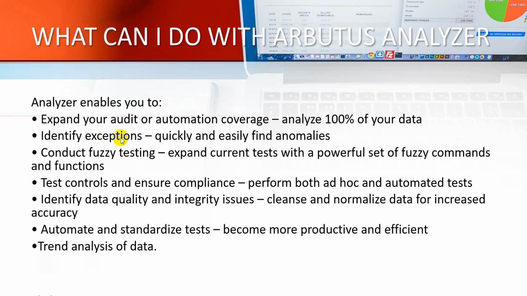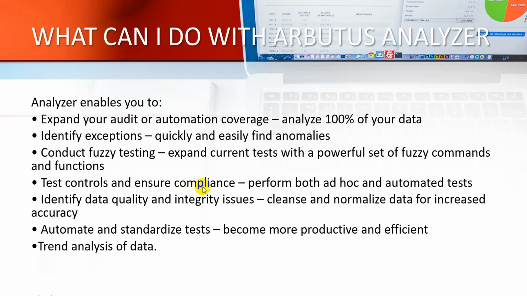So I can just automate my Arbutus analyzer to identify any exceptions. I have scripts or procedures that I write to identify any exceptions, and it's able to even send me those exceptions via email as well. Then conduct fuzzy testing as well. Also be able to test your controls and ensure compliance.